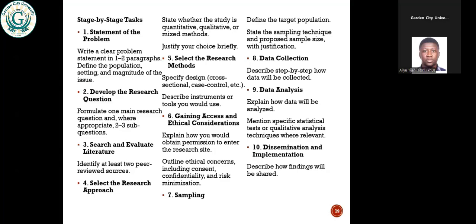An example is, maybe I find out that in Garden City, among the Kumasi center, many of these students are developing hypertension, or I'm perceiving that there's a high rate of hypertension among these students. That is my hypothetical problem. Based on this, you will go through the stages, and you state your problem statement, and develop your research questions, all the way to how you are going to disseminate your findings.